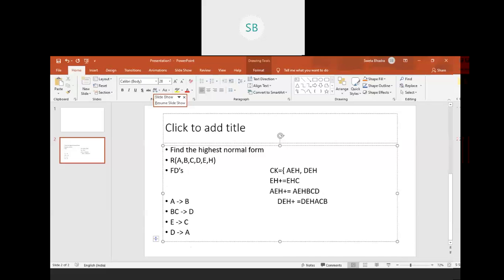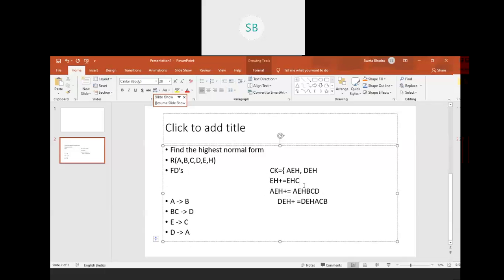A candidate key is something which can determine all the attributes uniquely, and always remember the candidate key needs to be minimum. So for this, a minimum of 3 attributes is required for determining all the attributes. So that is why this is our candidate key, but this is not the candidate key.